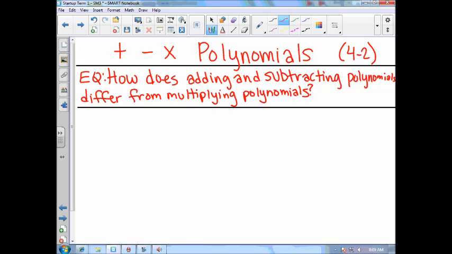You have to have a common denominator before you can add and subtract fractions. But do you have to have a common denominator when you multiply or divide fractions? No. So add and subtract have similar behaviors, multiplication and division have similar behaviors to each other, but different than adding and subtracting. So the same thing is going to happen in polynomials.